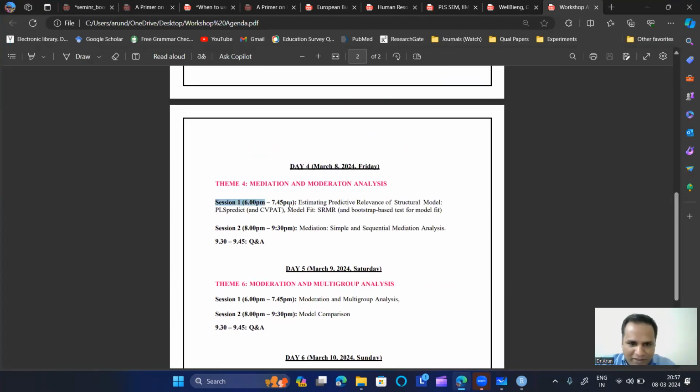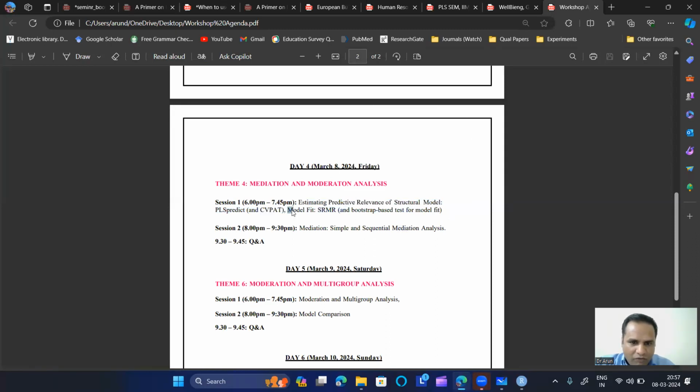Today was model comparison and all those things, but my syntax is in some other file. Here it was simple mediation and sequential mediation, and the predictive relevance of the model is over.